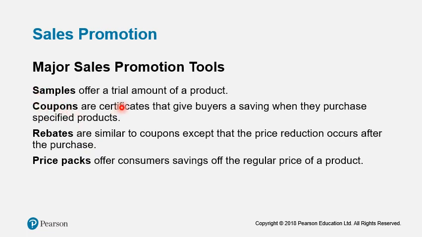When you want to buy a product, as you show that you have this particular coupon, you immediately get 20% reduction of the price. However, rebates are not immediate, because you will earn the savings or the discount only after you purchase.